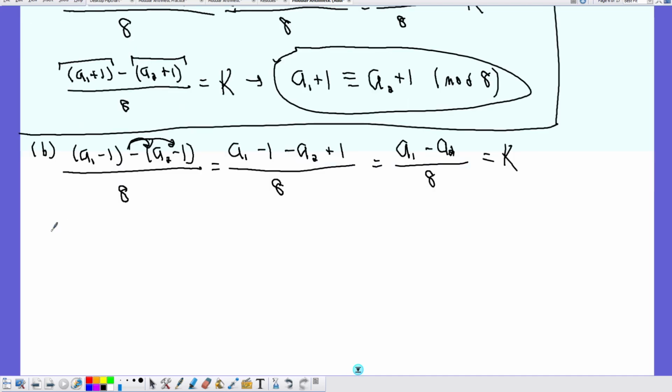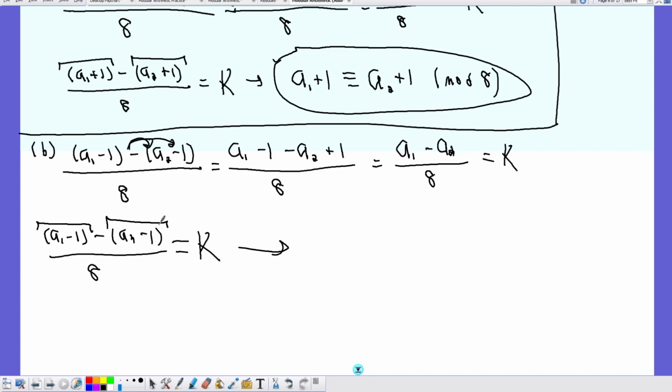So, because we have established the fact that a1 minus 1 minus a2 minus 1 over 8 is equal to an integer k, that shows us that these two terms must be congruent mod 8. So a1 minus 1 is congruent to a2 minus 1 mod 8.